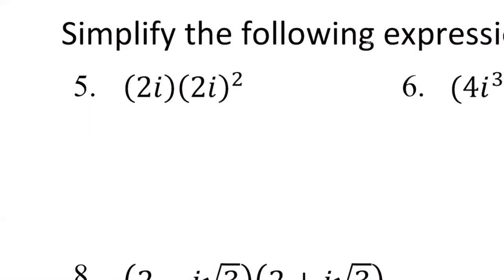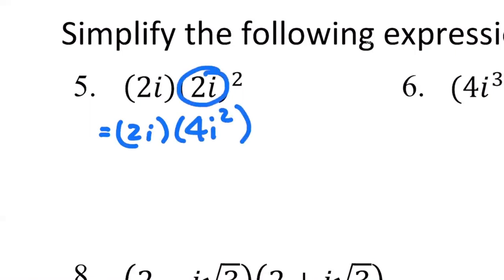Okay, so right here we have 2i, and then we've got 4i squared because you're having 2i multiplied by 2i, right? 2i squared is 2i times 2i. 2 times 2 is 4. i times i is i squared. And then you continue to multiply. So 4 times 2 is 8. And then you have i cubed. And we do not end here, because it's i cubed.